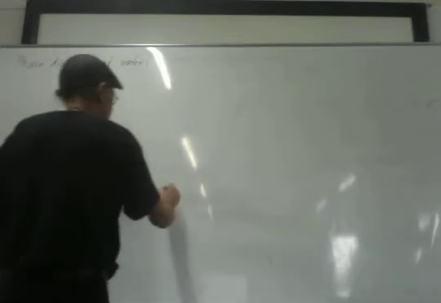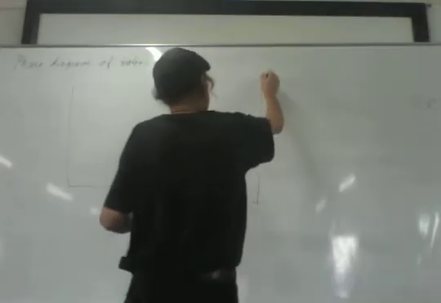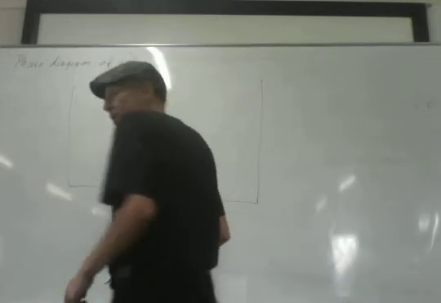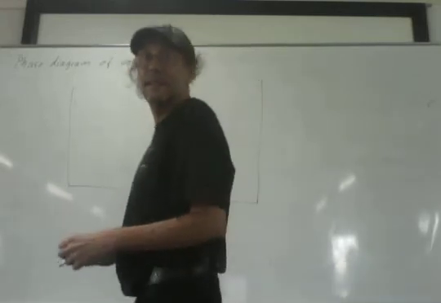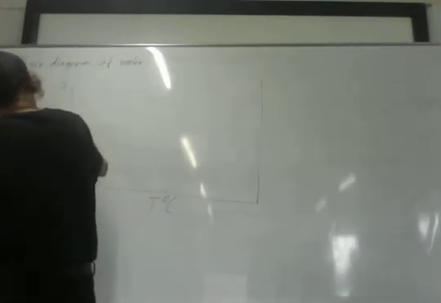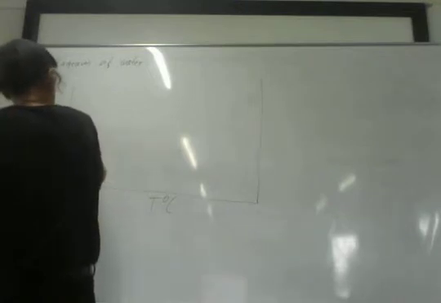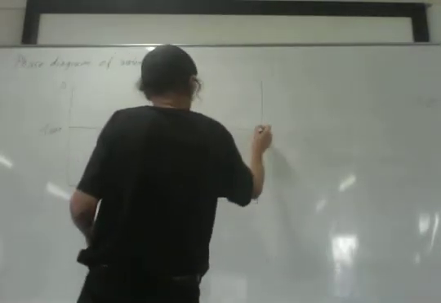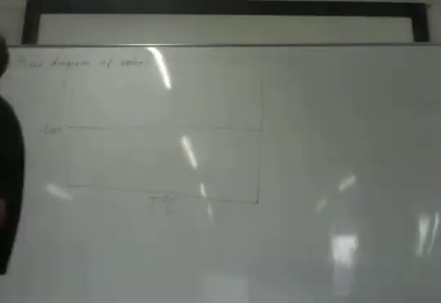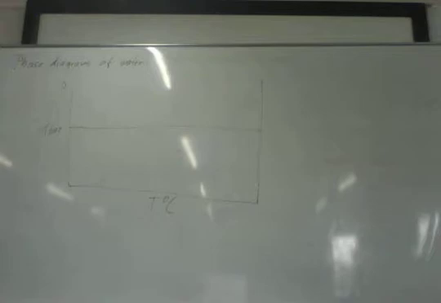I made it something like this, yeah? Here we have the temperature in degrees Celsius, and here we have the pressure, and here we have one bar, just atmospheric pressure. Then we have this line here. You know what happens with water at very low temperatures, beneath 0 degrees: you have ice.